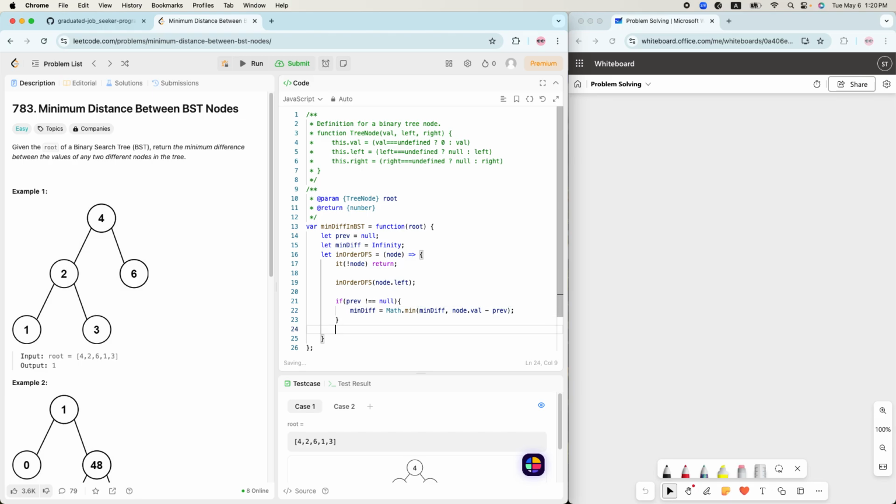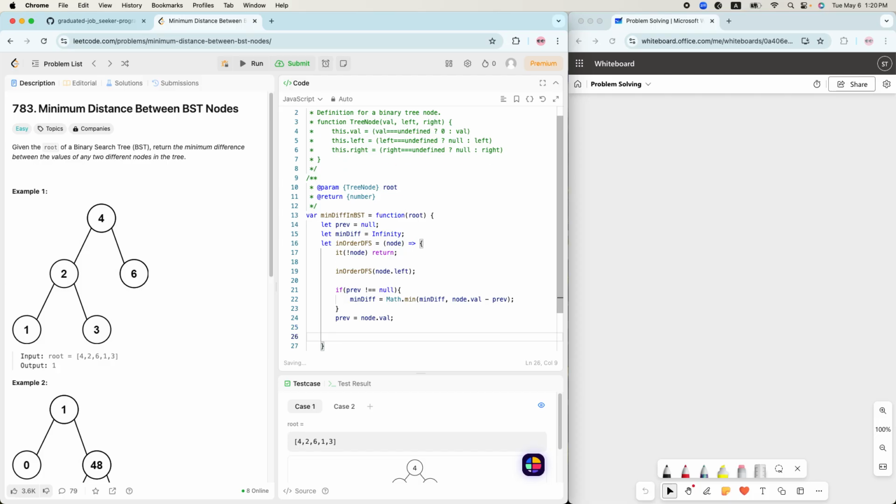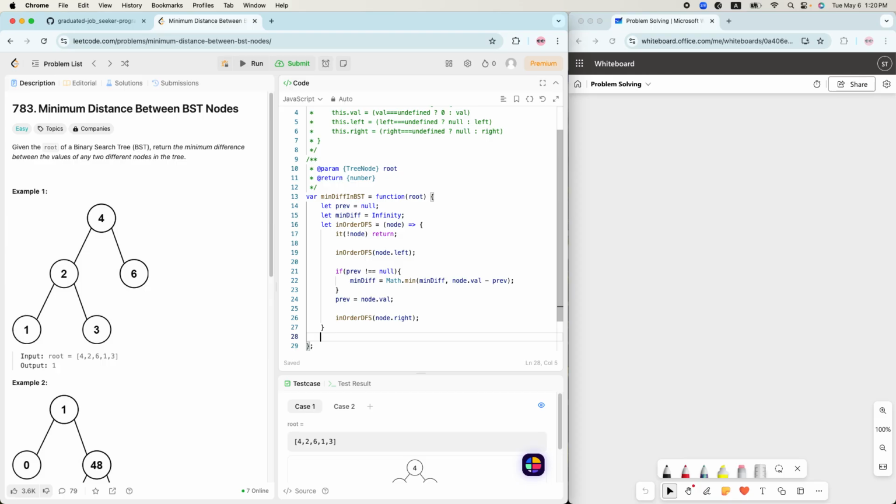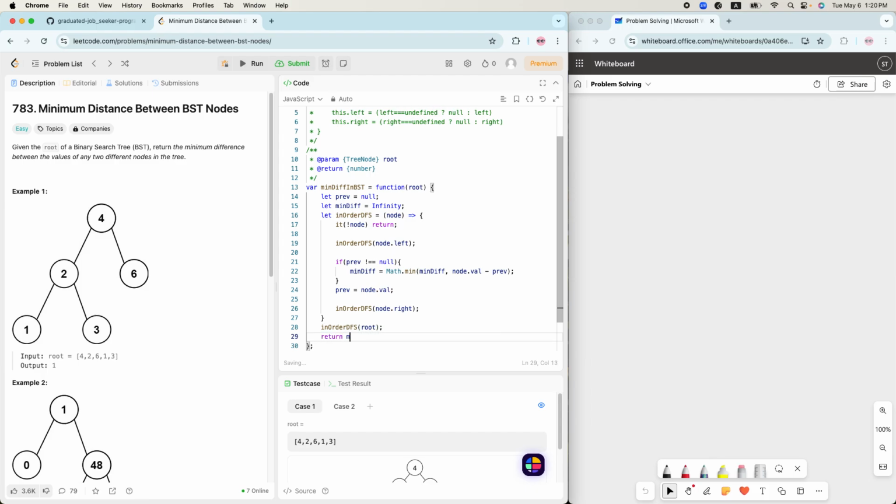And now keep the value of previous equals node.val, and after that call this on the right side, inOrderDFS, this time node.right. Okay, and then just call this function, that's it, inOrderDFS, pass the root, and return the minimum difference.